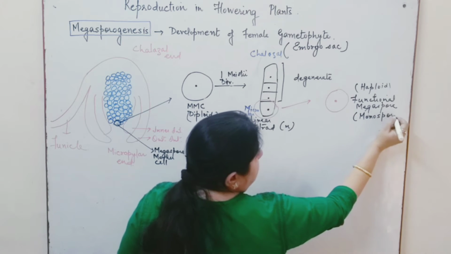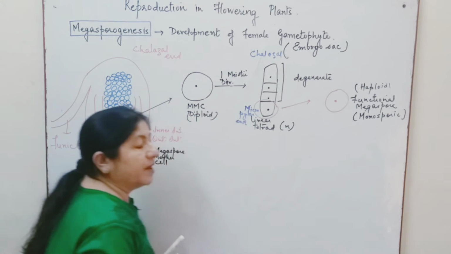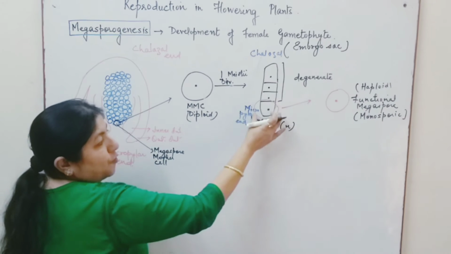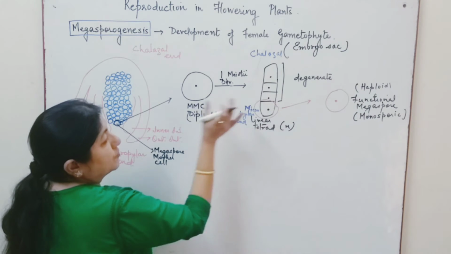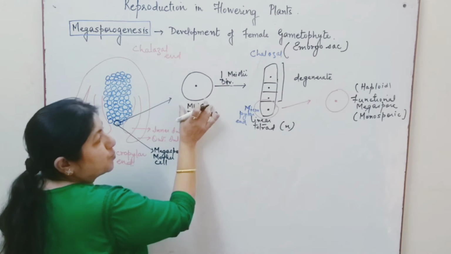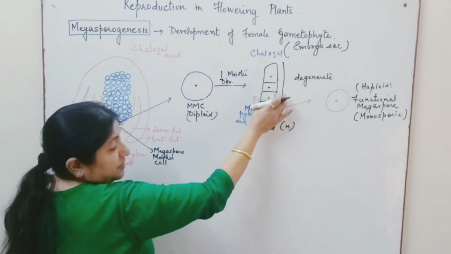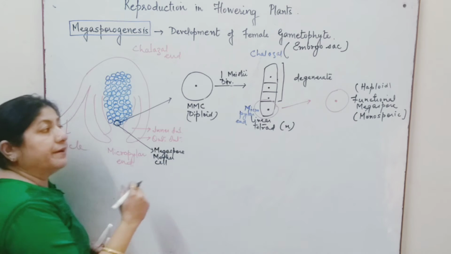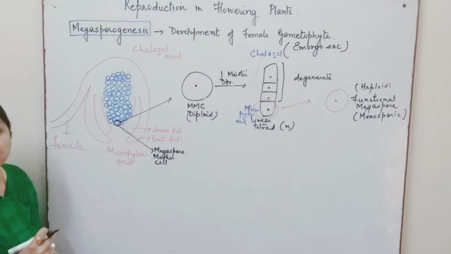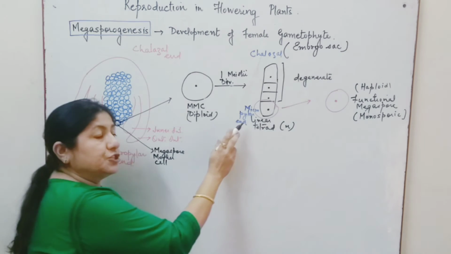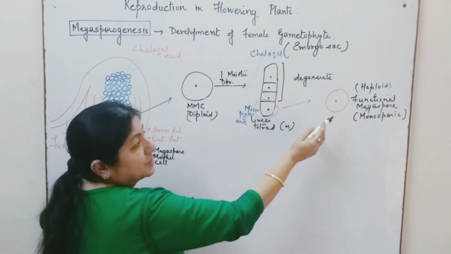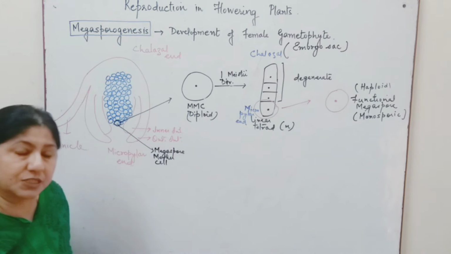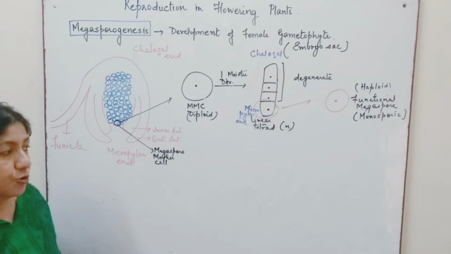We call it a monosporic development of the female gametophyte, because out of the 4 cells formed from the megaspore mother cell, 3 degenerate towards the chalazal end, whereas 1 which is present towards the micropylar end continues to survive, and it is known as the functional megaspore. That is why we call the development monosporic.